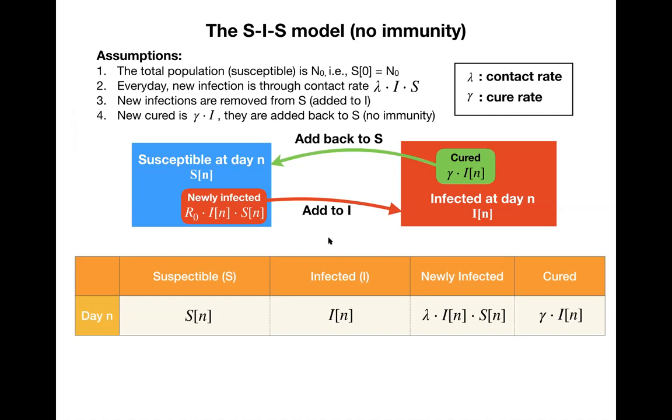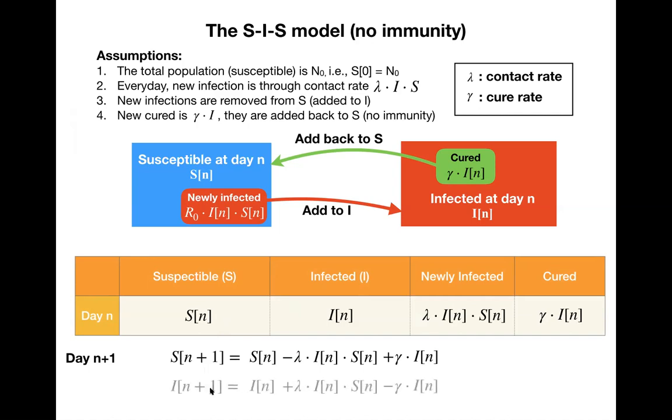So now we know that for S at day n+1, starting from S(n), first lambda times I times S get infected, so these are removed from S. But the cured are still susceptible because they don't have immunity, so the cured are added back to S in this way.